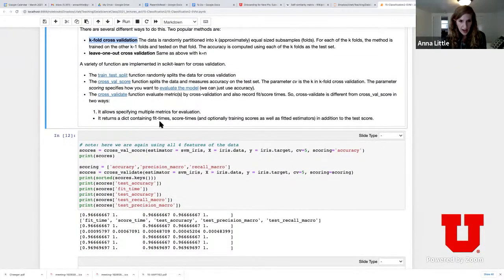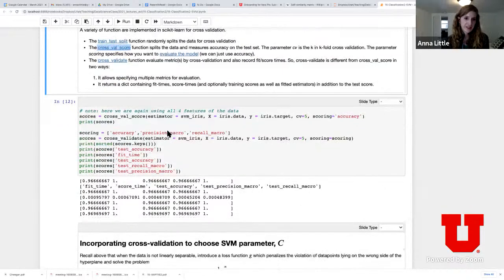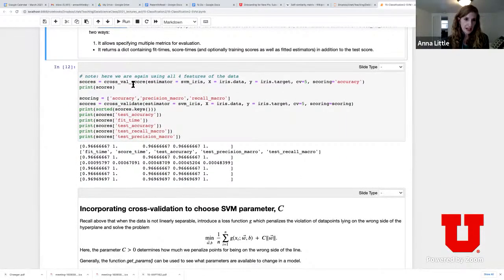It also creates a dictionary with the fit times and score times and a lot more data. So if you want to go more fancy and keep track of more things, this is good. If you want the quickest, easiest one to run, then cross-val score is good. Okay, so let's take a look here.